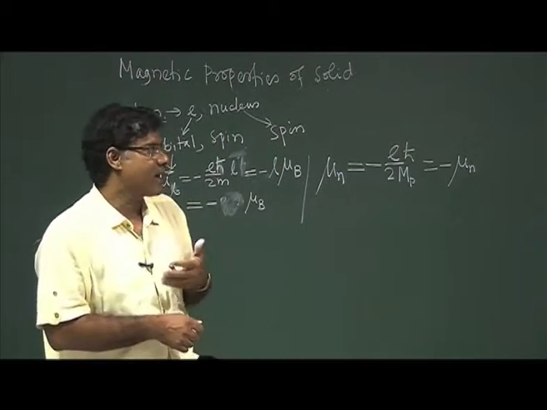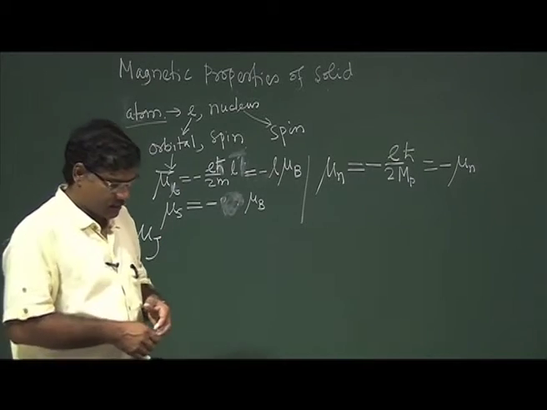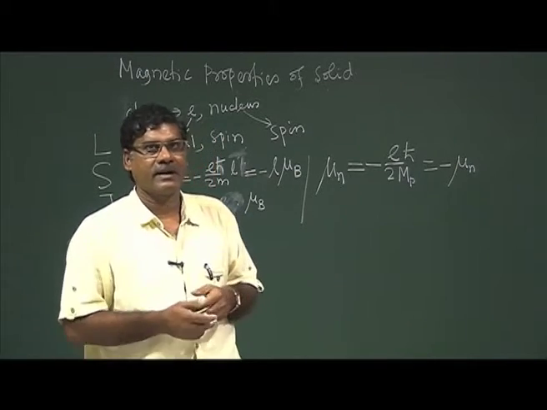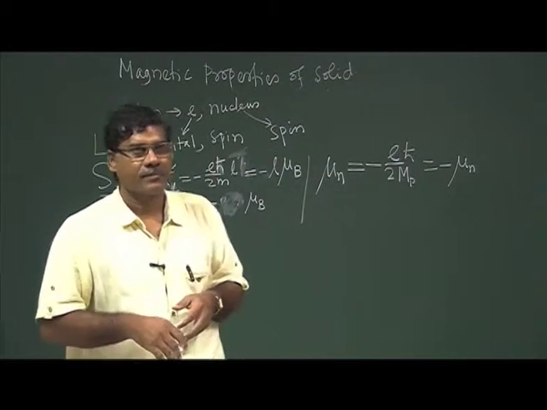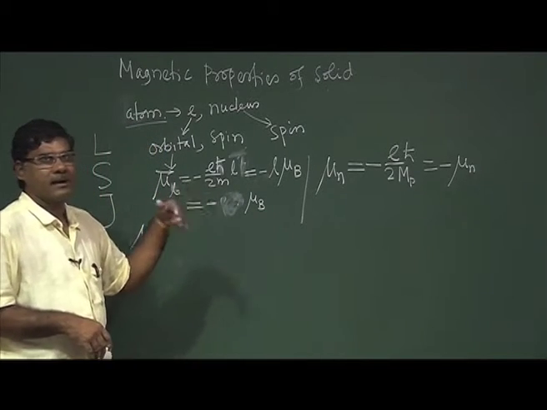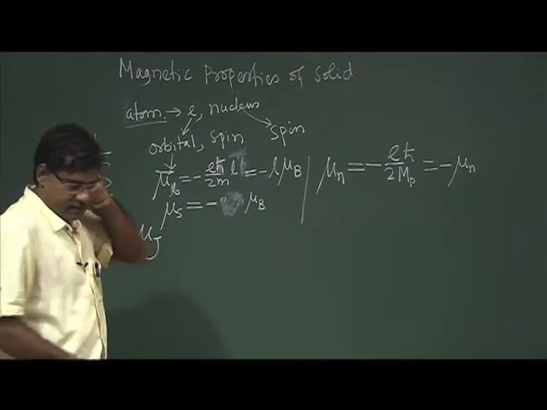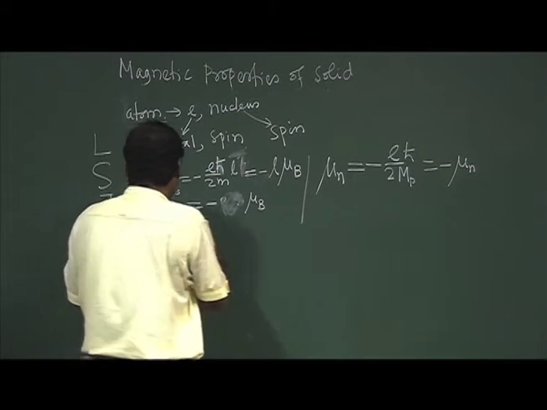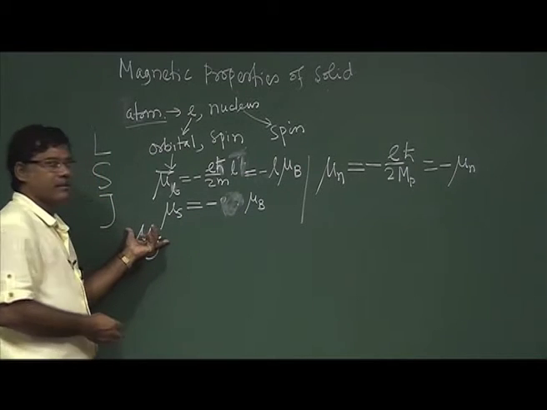When we apply a magnetic field on this system, the magnetic moments interact with the field and reorient, and as a result we get the magnetic property in terms of magnetization, chi or permeability. Every atom in a material has a permanent dipole moment.